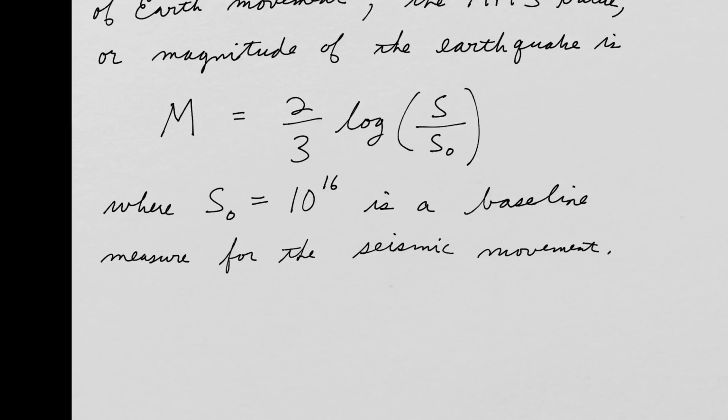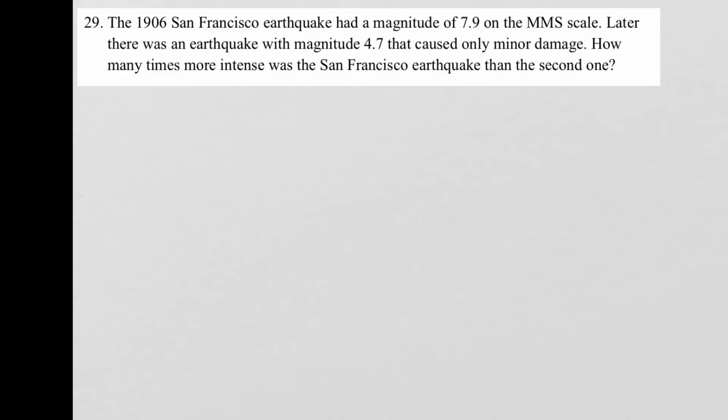Okay, so let's do one problem with this particular example. The question is, the 1906 San Francisco earthquake had a magnitude of 7.9 on the MMS scale. Later, there was an earthquake with a magnitude of 4.7 that caused only minor damage. And the question is, how many times more intense was the first San Francisco earthquake compared to the second one?